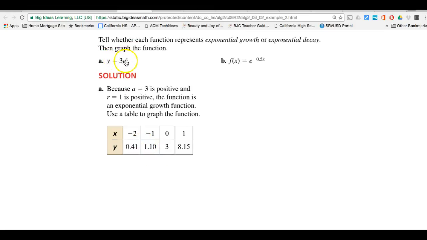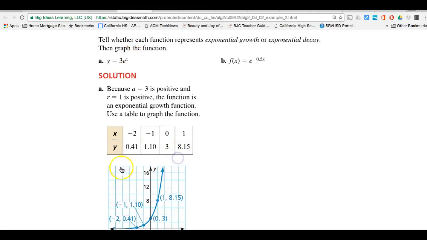E to the 0 is just 1 times 3 is 3. E to the first power times 3 gives you 8.15. You plot these on a graph, and you'll see you get this fast growth right here. Remember, e is roughly 2.718. So this is just like 3 times almost 3 to the x power. So that's going to be a pretty fast, pretty steep growth.